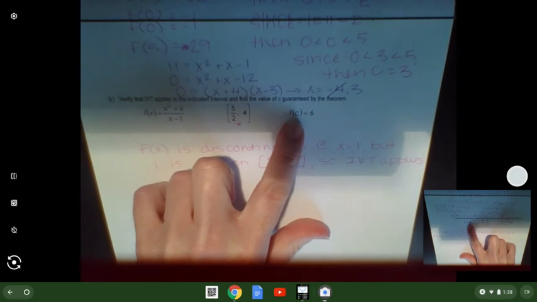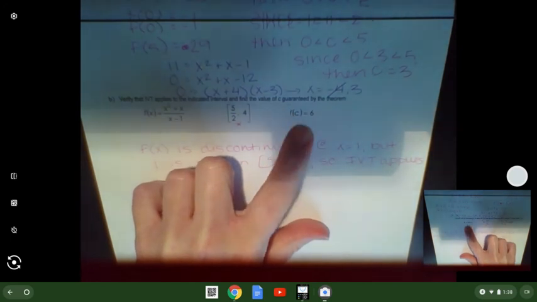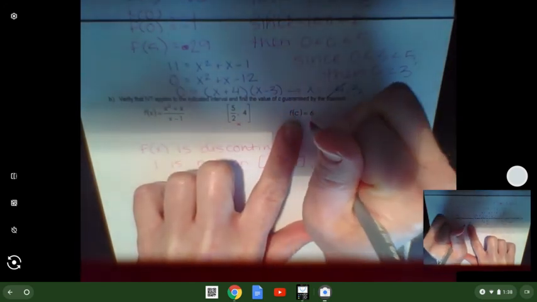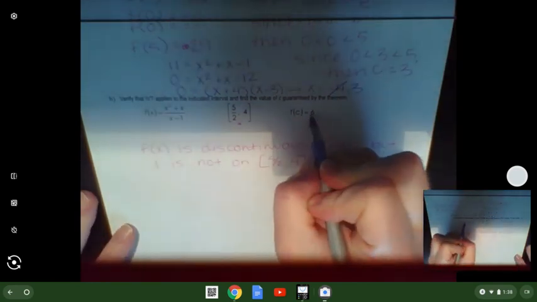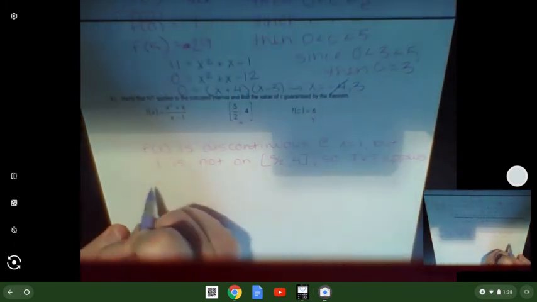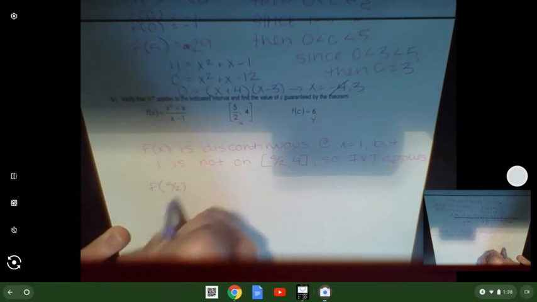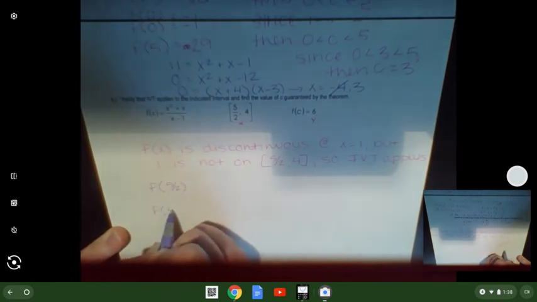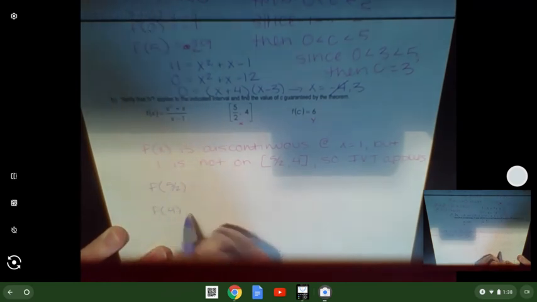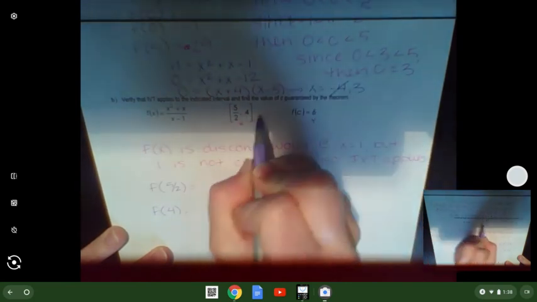So again, we are looking for a certain c value, and again, c is going to be an x value that produces a y value of 6. In order for us to find that, we first need to make sure that we will hit a y value of 6. So I am going to find f of 5 halves, and I'm going to find f of 4. I need to make sure that we will hit a y value of 6 on this interval.